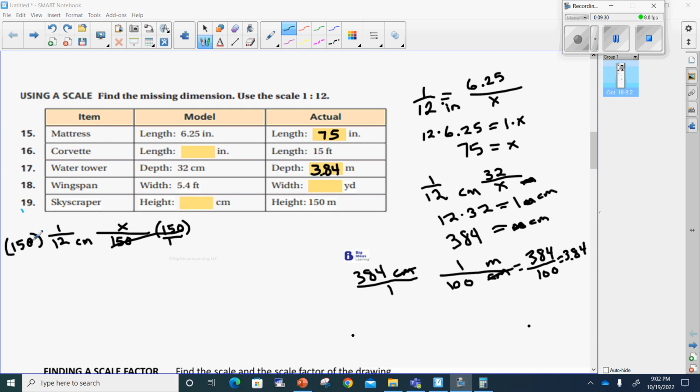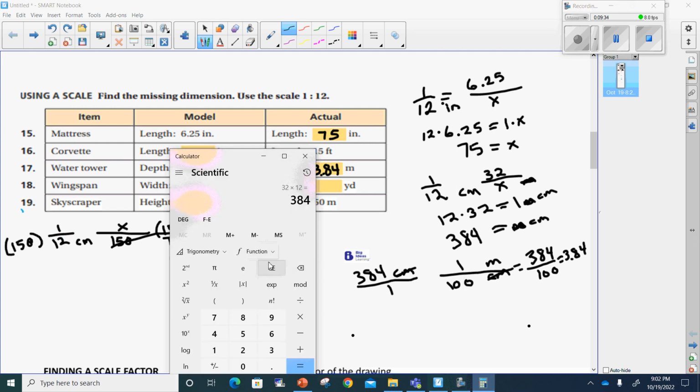Now, we said we're going to take 12 and divide 150 by it. Let's see what happens here. 150 divided by 12 gives me 12.5. So that's not going to work, I guess. I think they're both divisible by maybe 3 or 4.